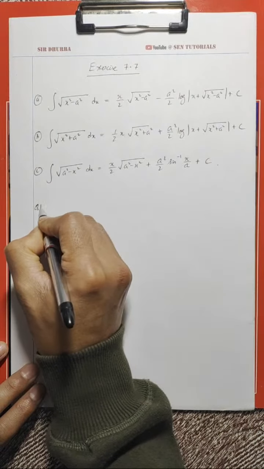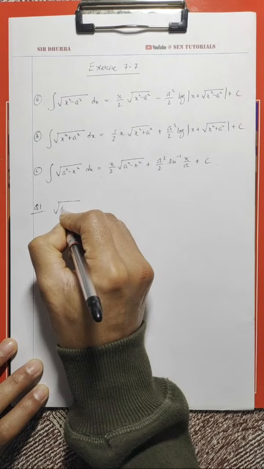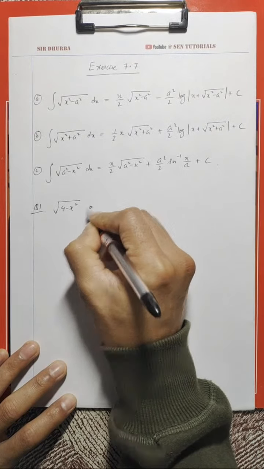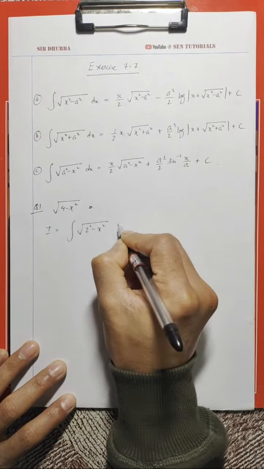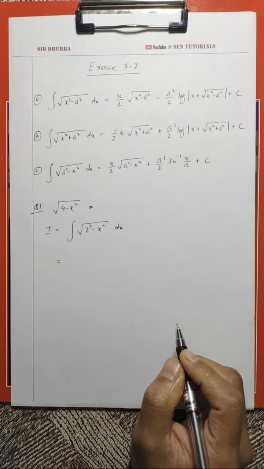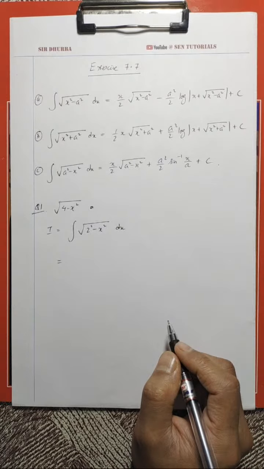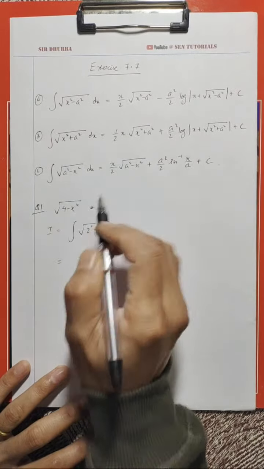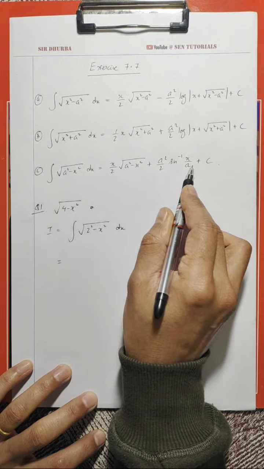That is question number 1. That's a direct question: root over of 4 minus x square. So its integral we can just write as root over 4, we can write it as 2 square minus x square, with respect to x. So the formula that is given to you, a square minus x square: x by 2 root over of a square minus x square plus a square by 2 sine inverse x by a plus c.